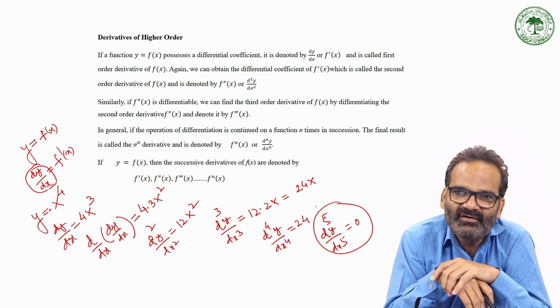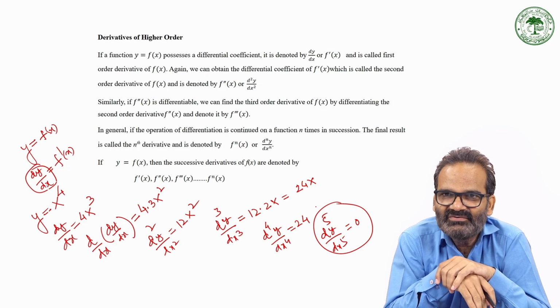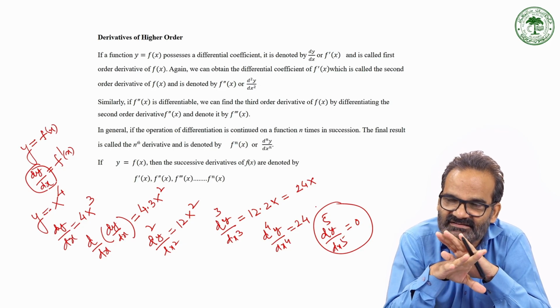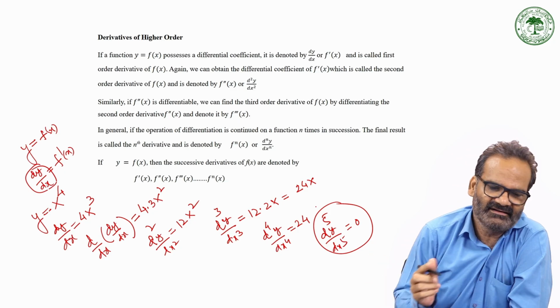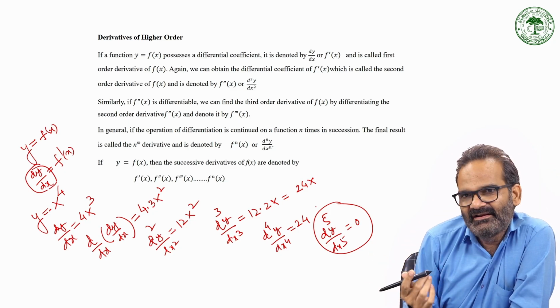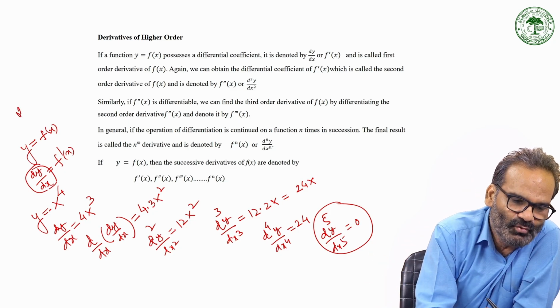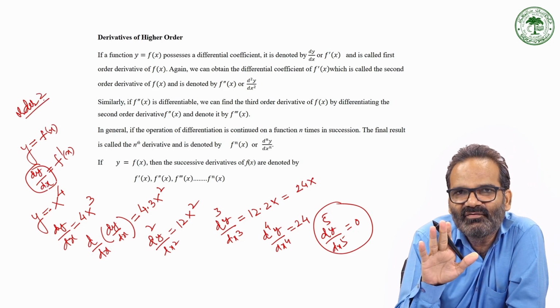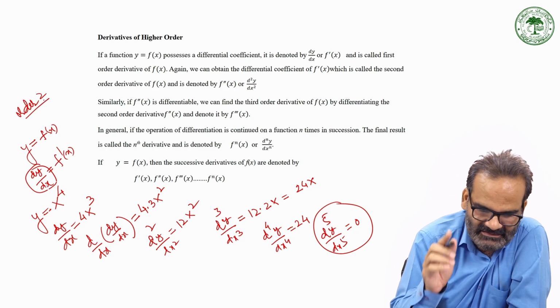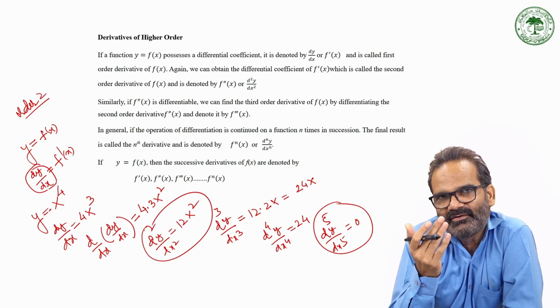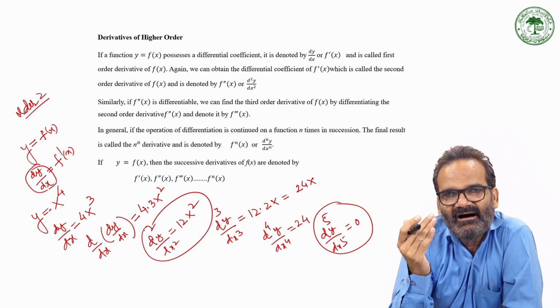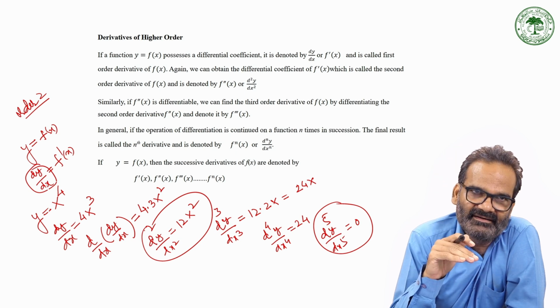We can carry forward the process up to any order. The derivatives of order 2 and onwards, dy over dx not included, are known as higher derivatives.